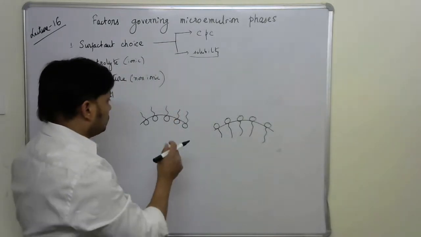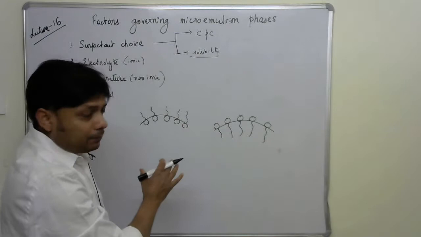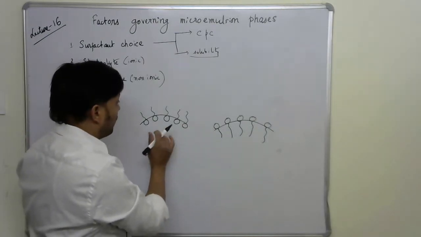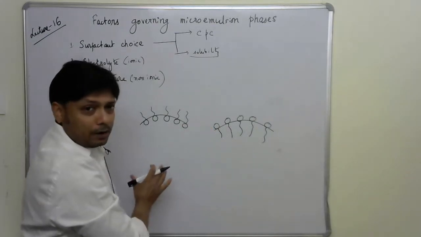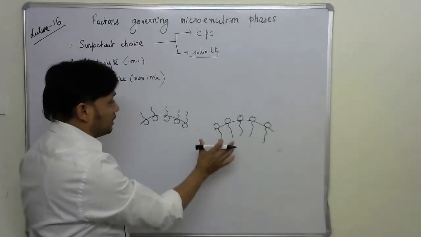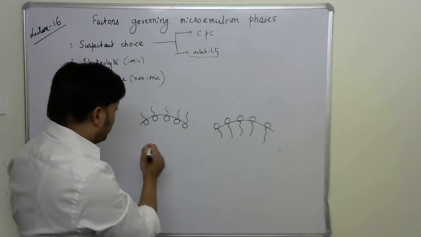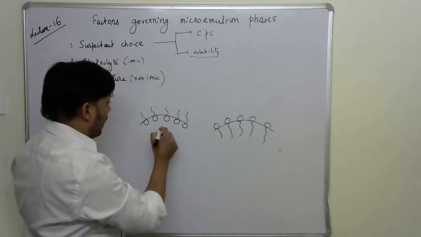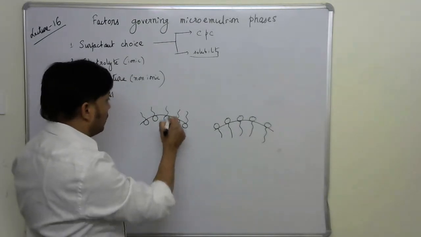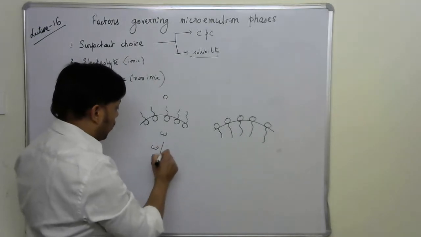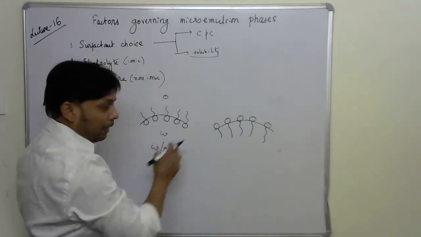Here I have drawn two different types of microemulsion schematic diagrams. These are the segments of the emulsion droplets. This one here we can define as water in oil, so let's write water in oil microemulsion.